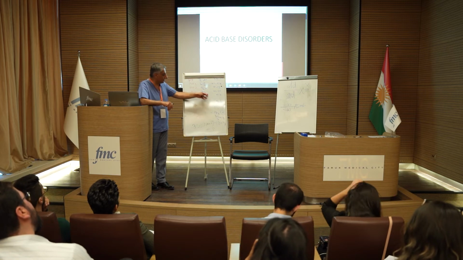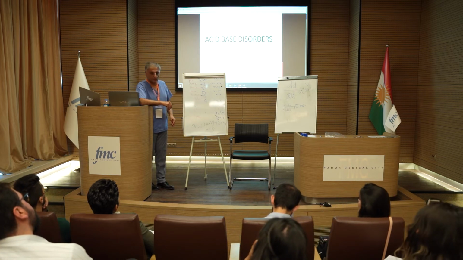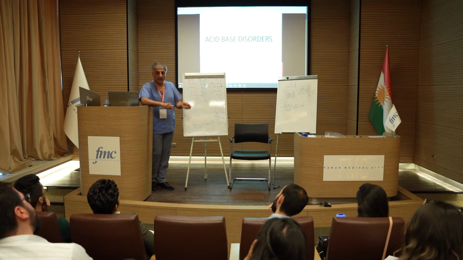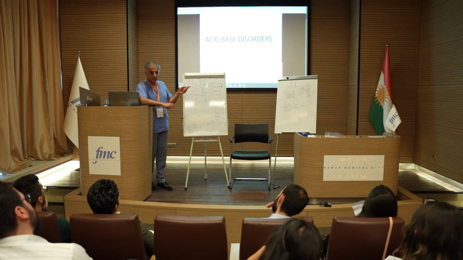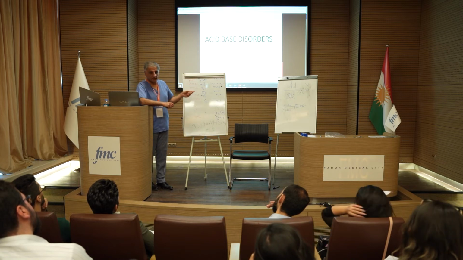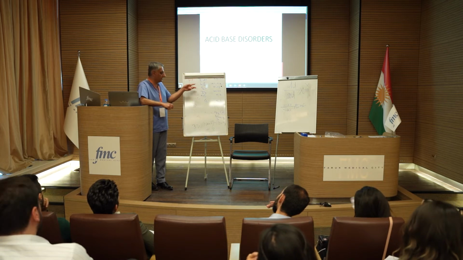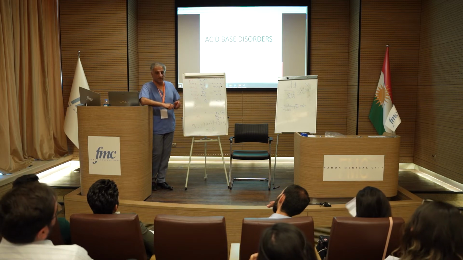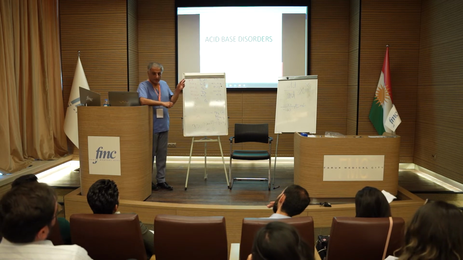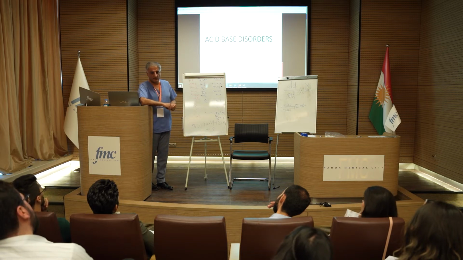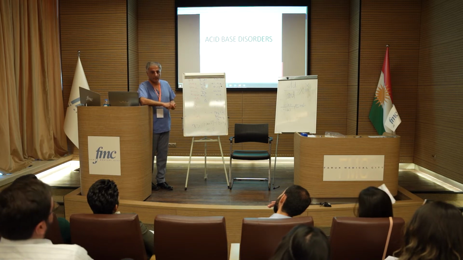So instead of 40, it goes down, and then the lactate climbs up because of the hypoperfusion. So that's a metabolic acidosis, not compensated by respiratory, or basically combined, but the main element is the metabolic. So there's a metabolic element which dominates the acid-base balance. Is that okay?